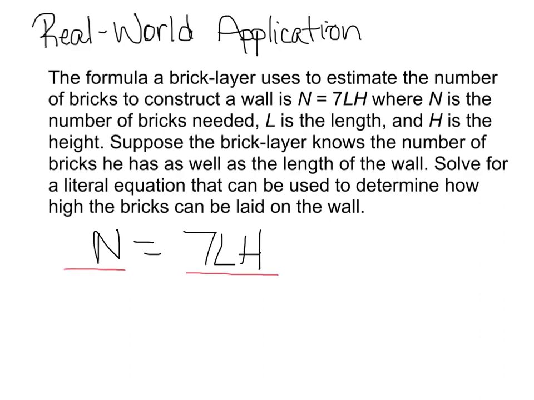I divide both sides by 7L. And I get that H equals N divided by 7L. Interpret what that means. The height can be found by dividing the number of bricks by 7 times the length.